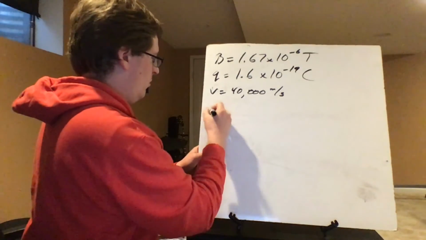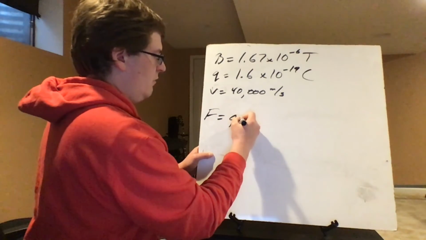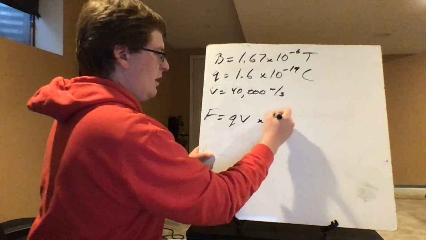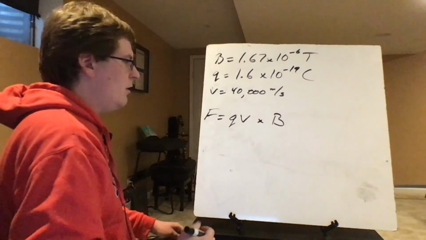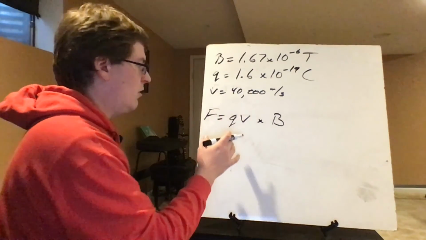So we're going to go, our force is the charge times the velocity times the magnetic field. And the reason we write it like that is that thing I was talking about earlier with the mathematics of the cross product.